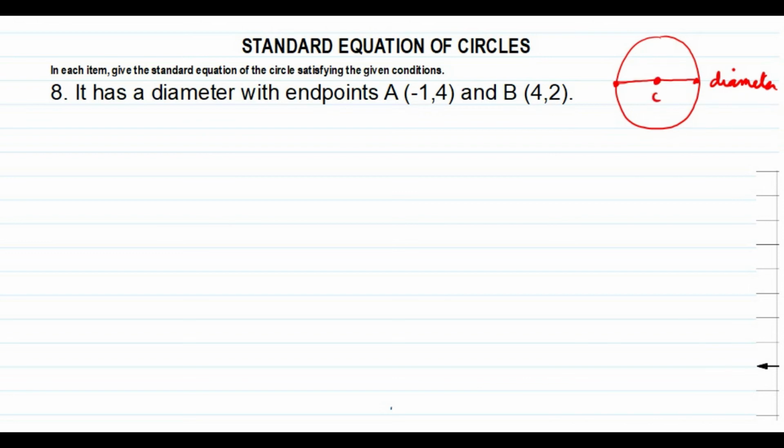And diameter is also twice the radius. Ang nawawala, walang center. Tama? Wala ding radius. So, anong gagawin natin? Hanapin muna natin ang center and radius bago natin kunin ang standard equation. So, marami tayong hahanapin. Let's look for C first.